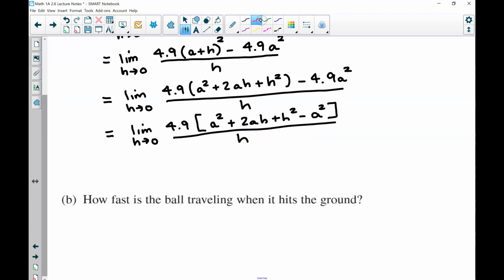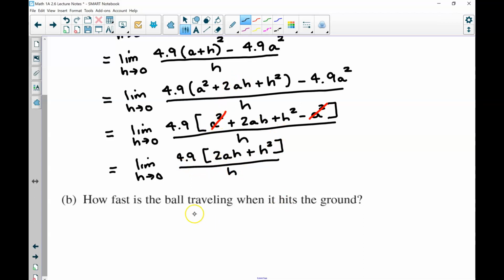Okay, so what that allows us to do now is to simplify the a squared and minus a squared. So now what's left is the limit as h approaches 0 of 4.9 times 2ah plus h squared over h.